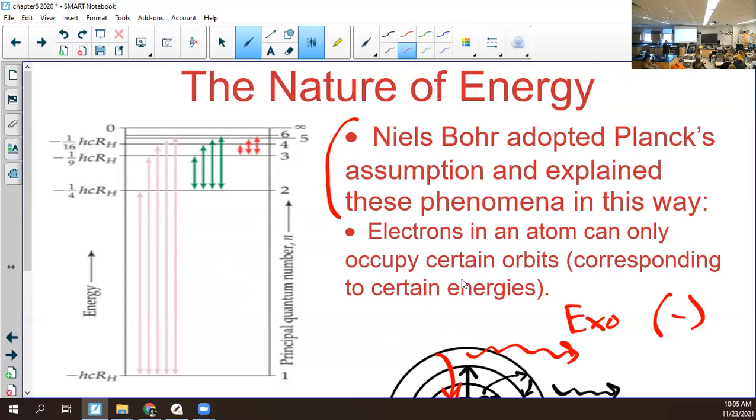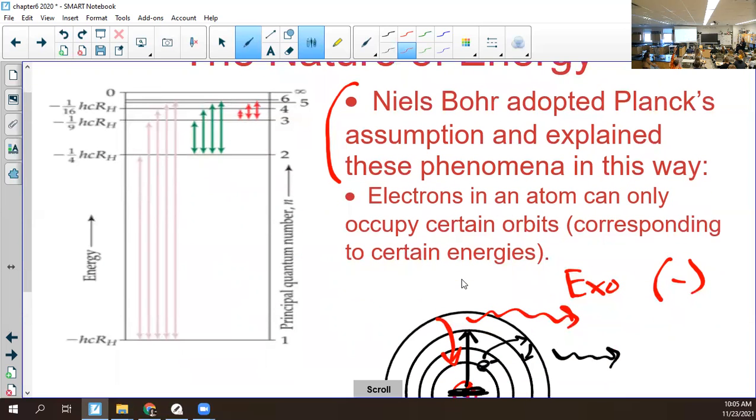And if they only jump to specific places and fall to specific places, then they only give off specific what? Colors. And in fact, for hydrogen, it only has 4 colors that we see. Now, it gives off other energies, but visible light, there's only 4 combinations for hydrogen's single atom. All right. So he says electrons in an atom could only occupy certain orbits corresponding to certain energies.